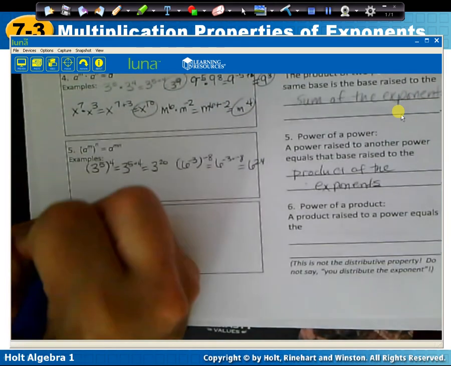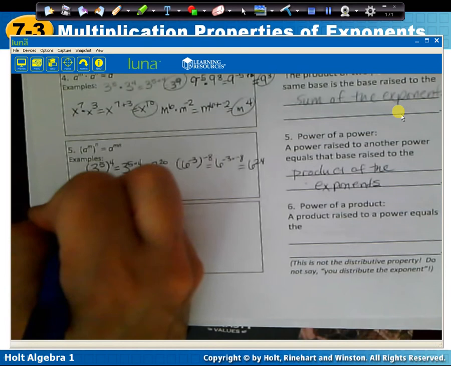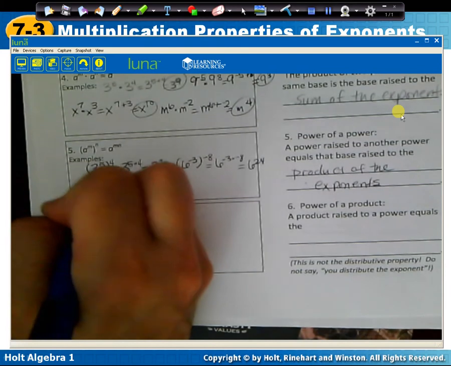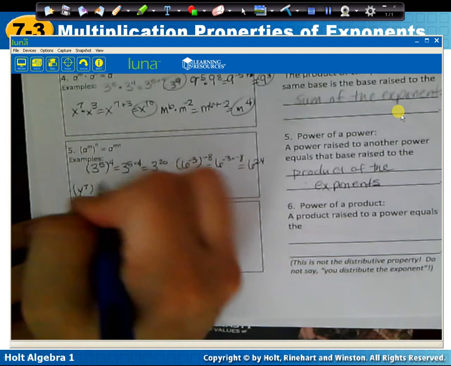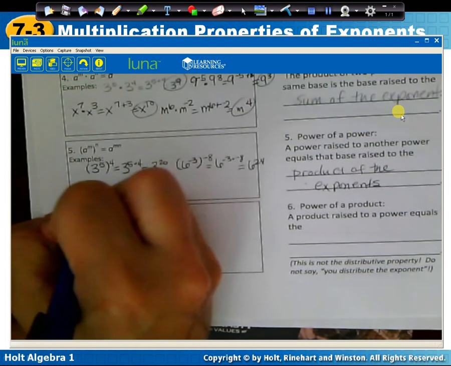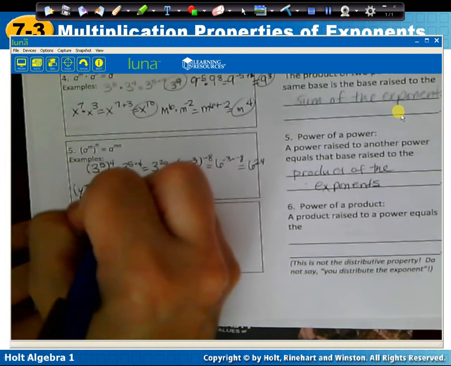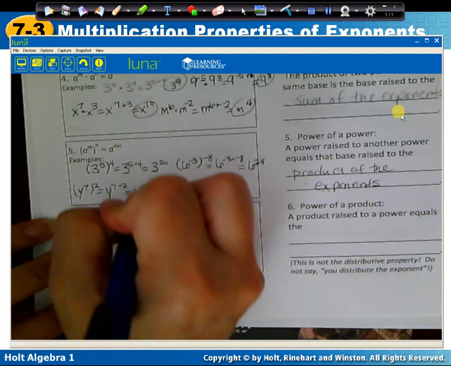In variables, if I have y to the 7 raised to the 2, that equals y to the 7 times 2, which equals y to the 14th.